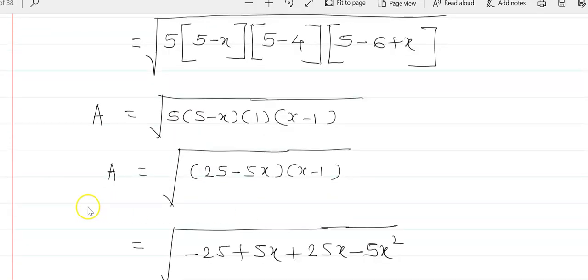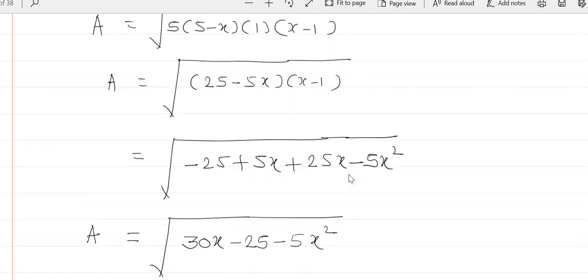A is equal to root of 25 minus 5X into X minus 1. Therefore, A is equal to root of minus 25 plus 5X plus 25X minus 5X square.